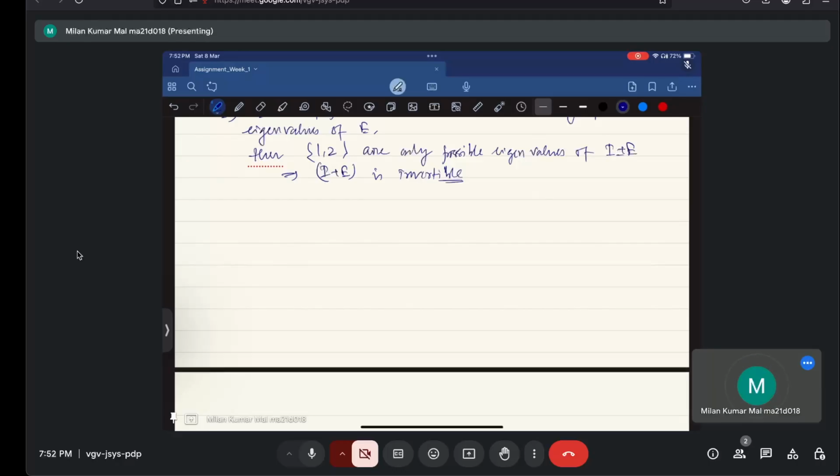Here E is a diagonalizable operator, because its minimal polynomial is a product of distinct linear factors, completely factorized.